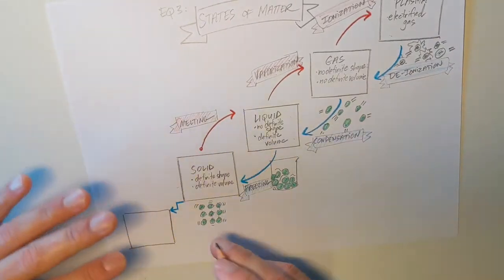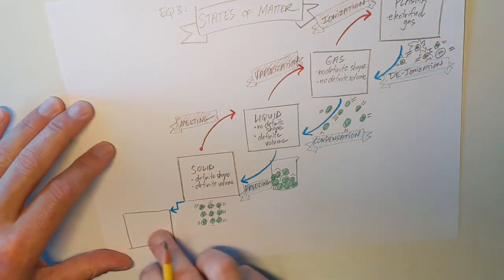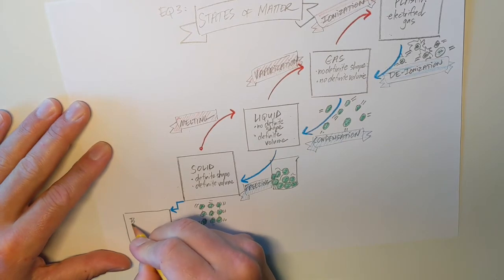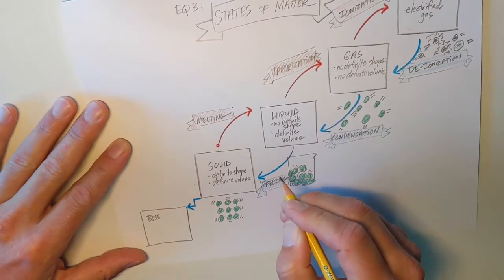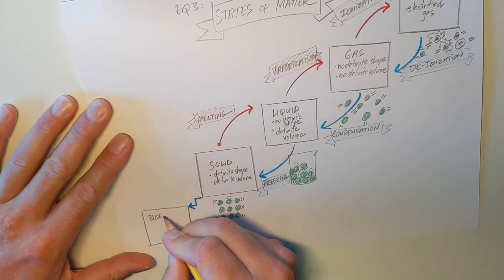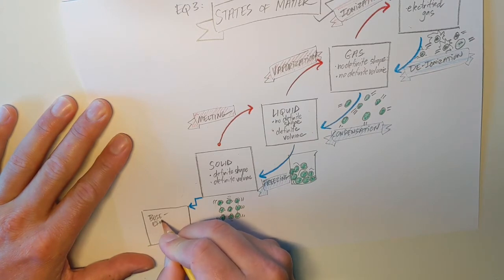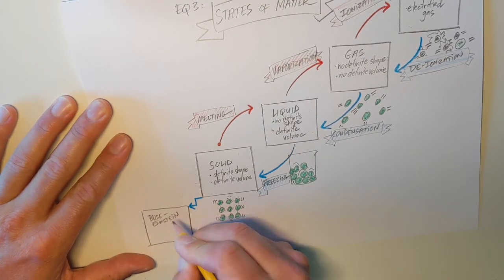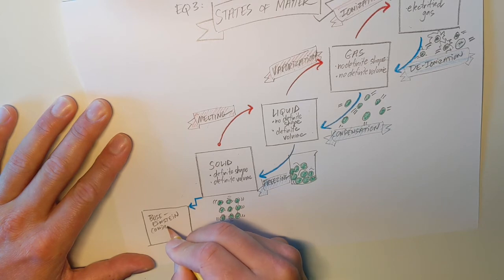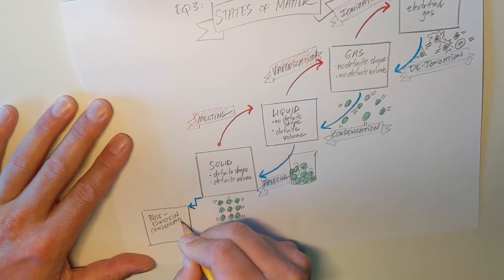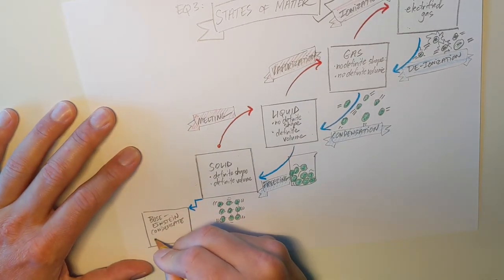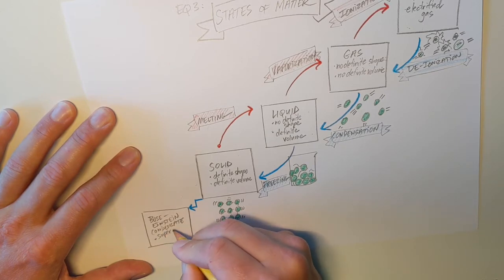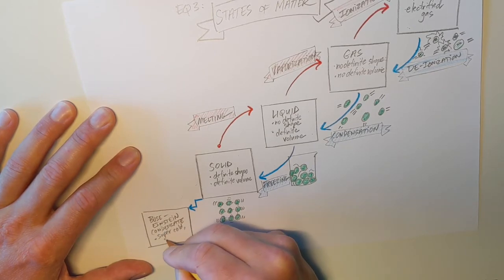This is just kind of really from a liquid in a way to this. And this is the Bose-Einstein condensate. I'm not sure if you can see that there. Yeah. Bose-Einstein condensate is that fifth state of matter that we're going to learn about. And this is a, let's just say super cold super atom.